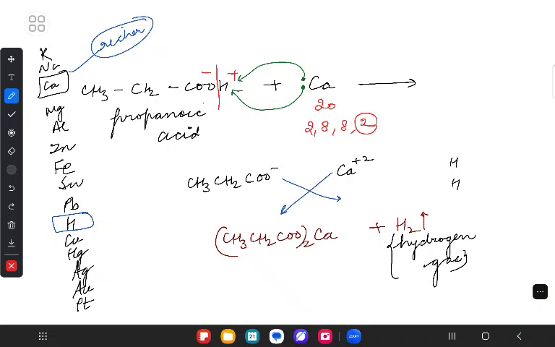So that's how we have these reactions. I hope you're understanding that to neutralize calcium plus 2, we need two anions. Yes or no? Got the point?